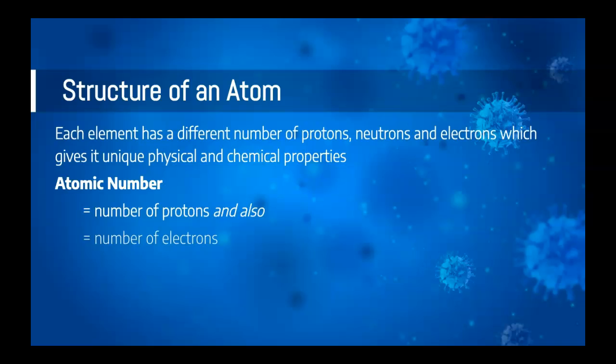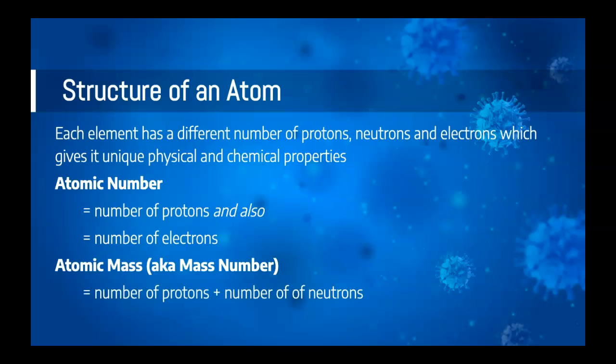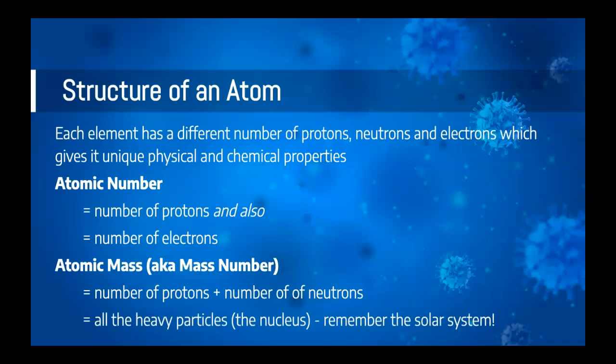It is also equal to the number of electrons. So if you know the atomic number for an atom, you already know how many protons and how many electrons it has. The atomic mass, or mass number, is equal to the number of protons plus the number of neutrons. In other words, the heavy parts of the atom are what we add up to get the atomic mass. So all of the heavy particles in the nucleus add up to make our atomic mass.